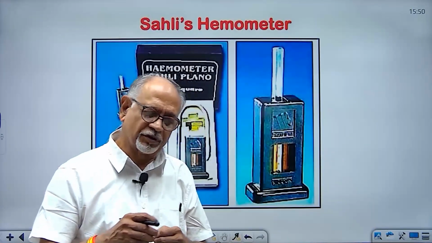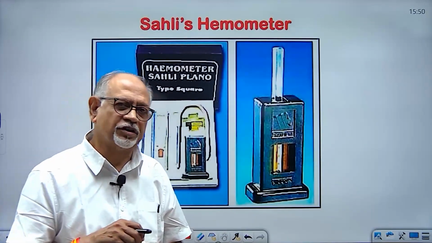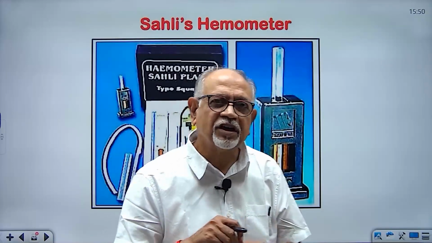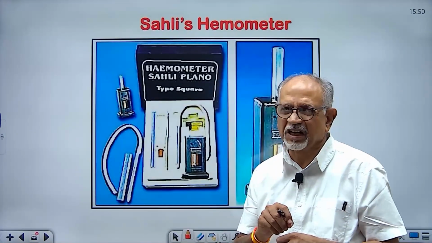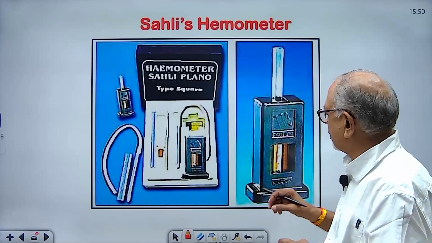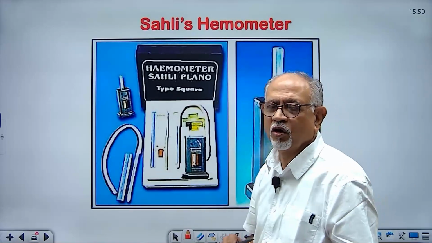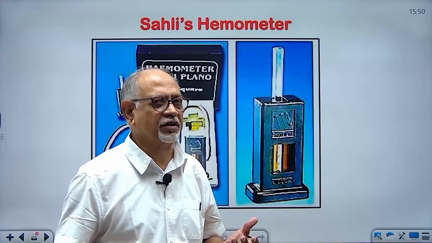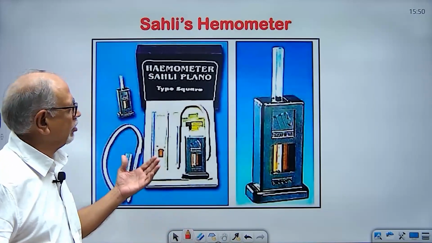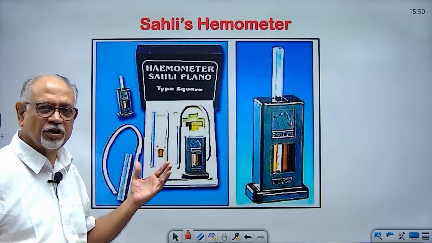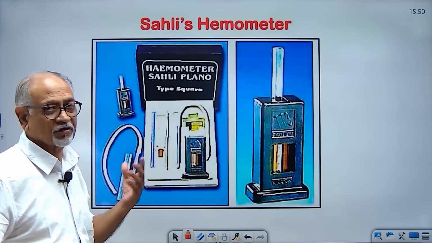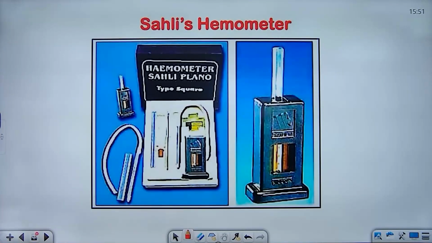So after adding distilled water into it and stirring continuously with the help of a glass rod, we match the color of this sample tube, and then the reading is taken on the graduated tube to see the percentage of hemoglobin in blood.